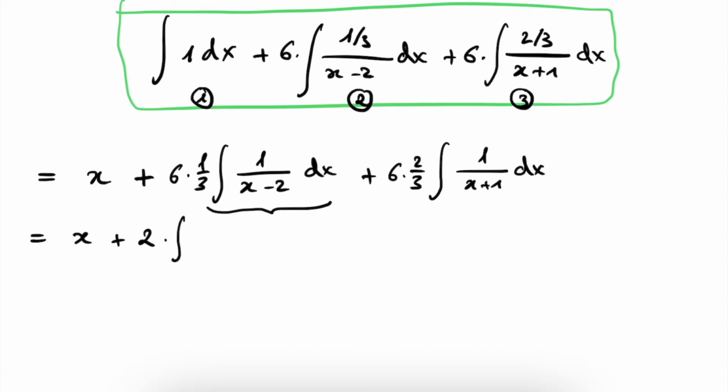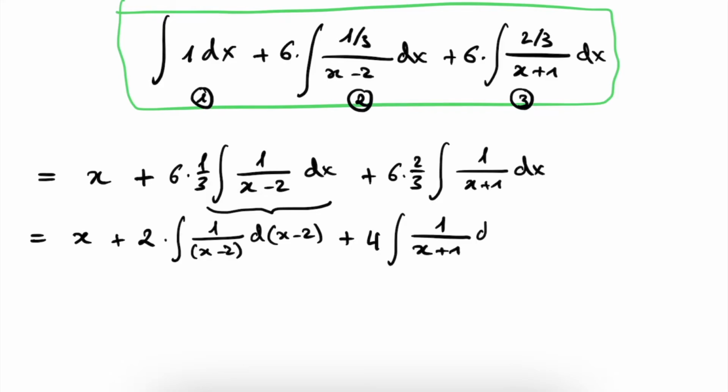We can simply write this as the integral of 1 over x minus 2 times d of x minus 2, because d of minus 2 always drops out, plus 4 times the integral, again here, we can write this as an integral with substitution of d of x plus 1.